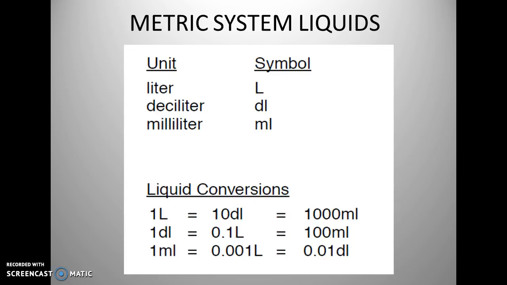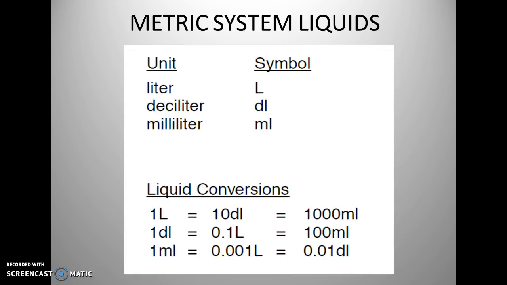This is something that you should be familiar with, and you should be familiar with conversions. So L is liter, dL is deciliter, mL is milliliters. You see that this punctuates many of our scientific instruments that you see in regards to volume.